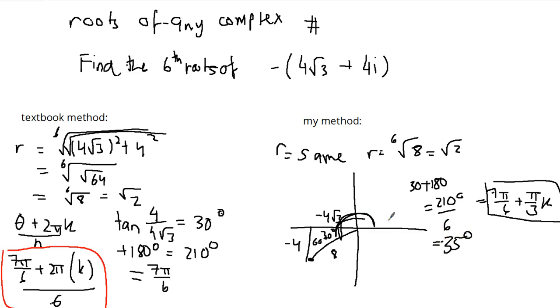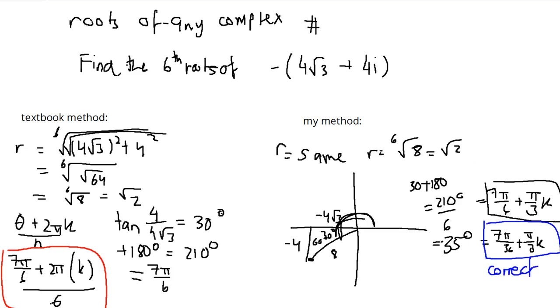The 35 degrees is the initial vector that you want. Whenever you rotate it 6 times, you will get this vector right here. So the actual answer is 7 pi over 36 plus pi over 3k. I am sorry. This is the correct answer. Correct, right? Okay.